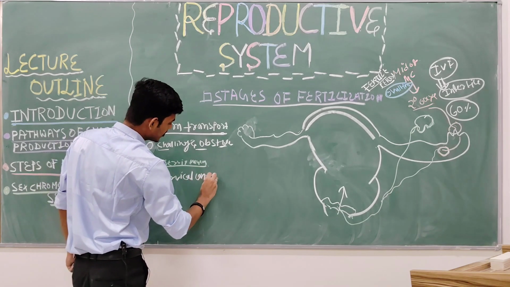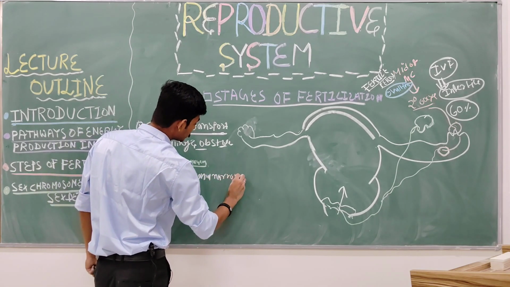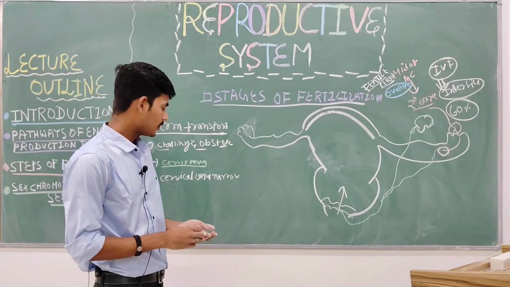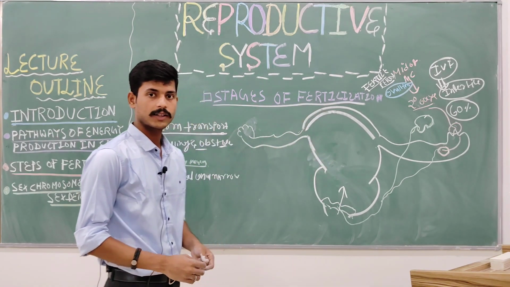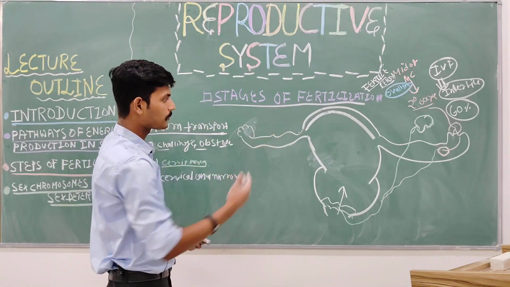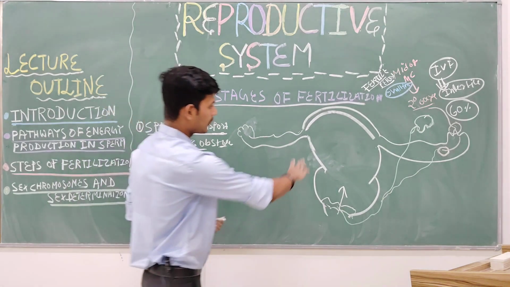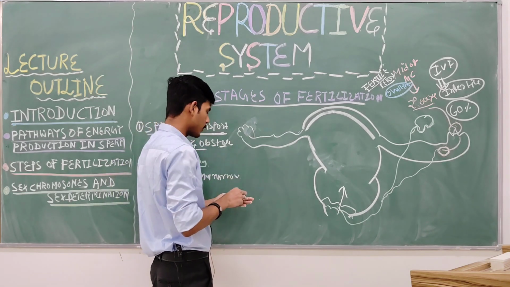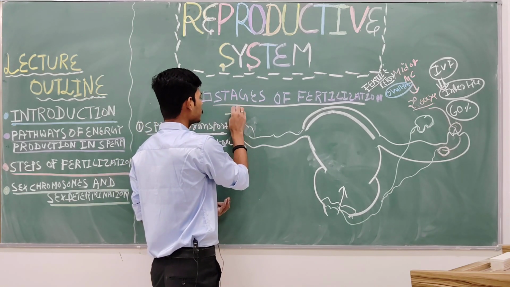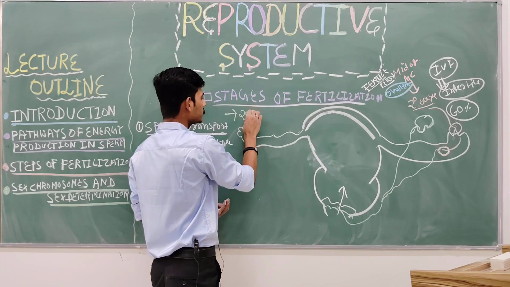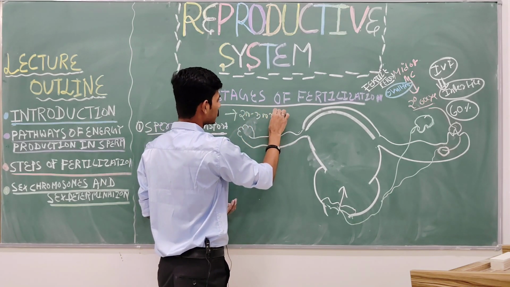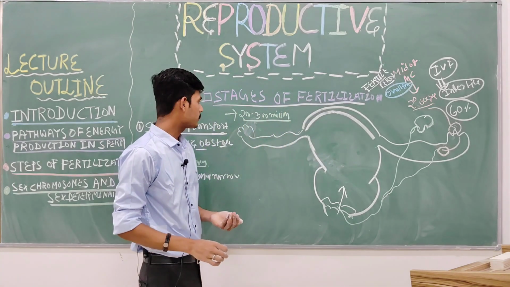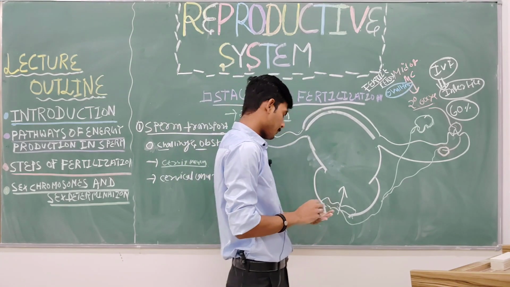Most of the sperm are not able to go deeper and travel in the reproductive system, the reproductive environment. Fine, understood. And you know that in one ejaculation, how much sperm is produced? 200 to 300 million. It's one estimation. 200 to 300 million sperm are produced in one ejaculation.